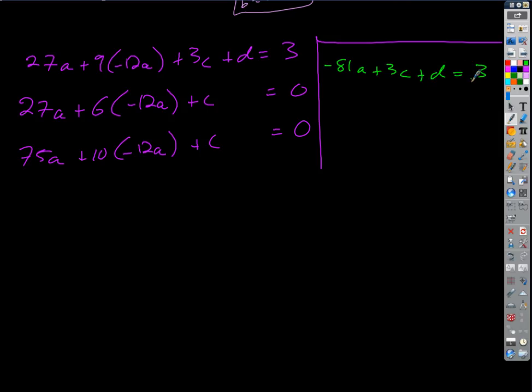How about down here? We get 27A minus 72A is 45A, negative 45A. And then down here we get 75A minus 120A, so that's negative 45A.